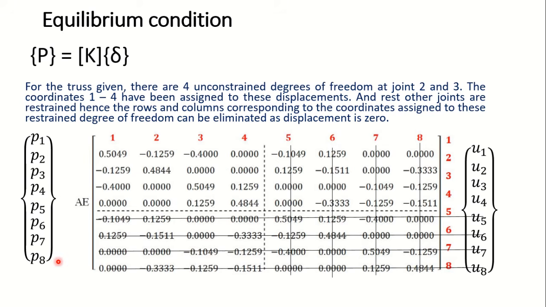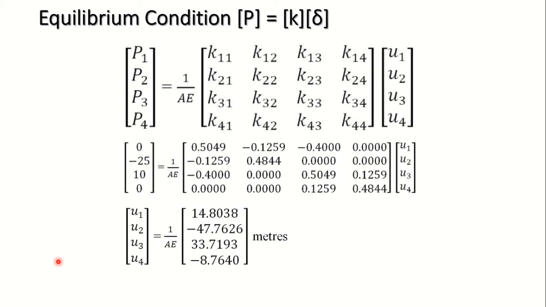On doing that, what we finally end up with is P1, P2, P3, P4. These are the only forces we need to evaluate over here. So the displacements we have are u1, u2, u3, u4. These are the displacements at the two joints where degrees of freedom were not restrained. On solving this equation, what are P1, P2, P3?